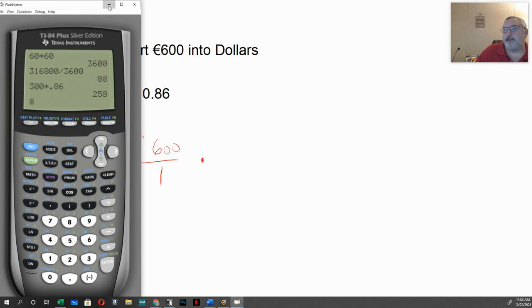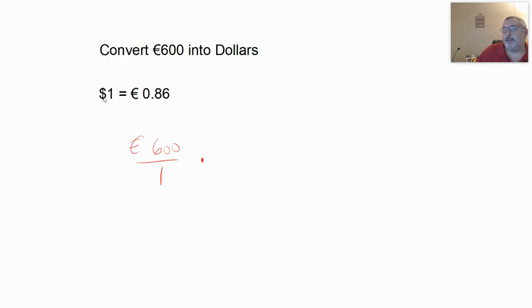Let me get this calculator out of the way so you can see what I'm doing. Our conversion is that we have $1 for 86 hundredths of a euro. So this time the euro has to go on the bottom so that it cancels out. $1 US on top. The euros do cancel, leaving us only dollars, which is what we want.